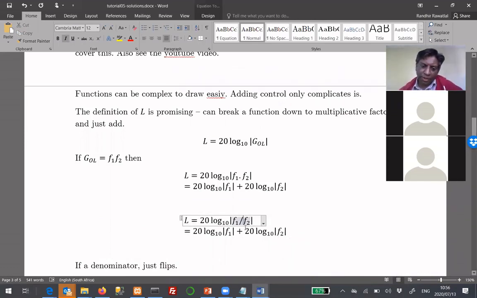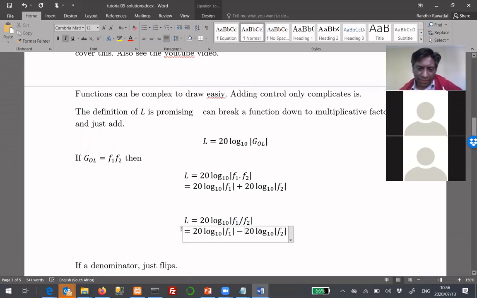Right, then we could recognize that this function could be rewritten as F1 times 1 over F2. And the log of 1 over something can be rewritten as just minus the log of that something.